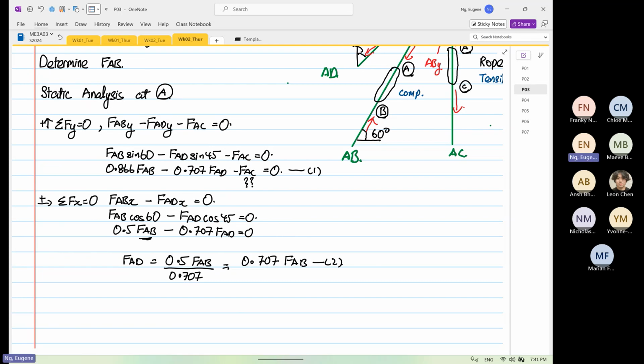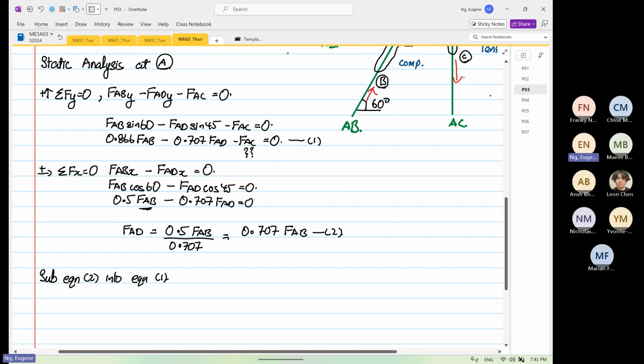Okay. So from here, we can substitute equation 2 into equation number 1, right?